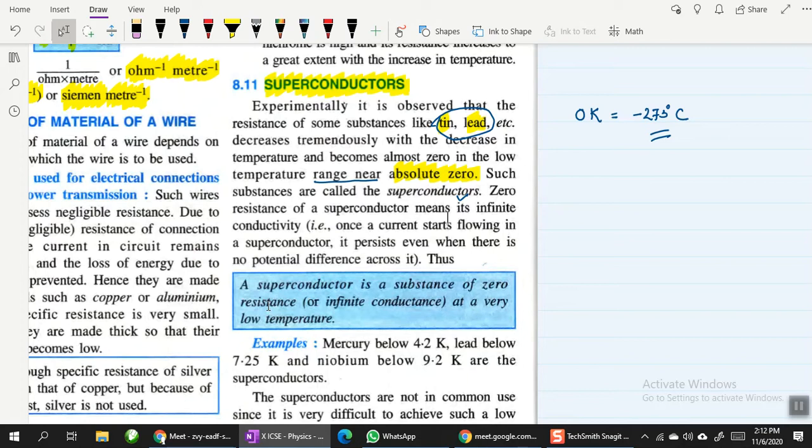Sir, I'm here. Yes. Can you tell me what is resistance? Sir, I'm unable to explain. Have you seen my videos? Yes, sir. So I have explained very clearly in that what is resistance. It was a big topic in that.